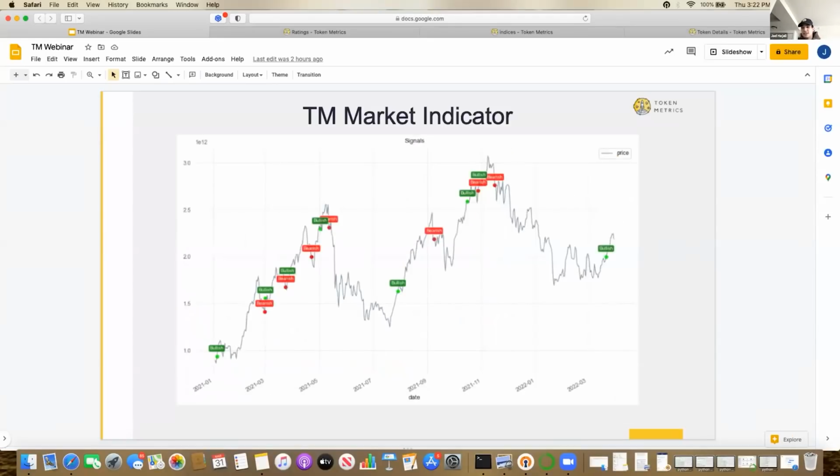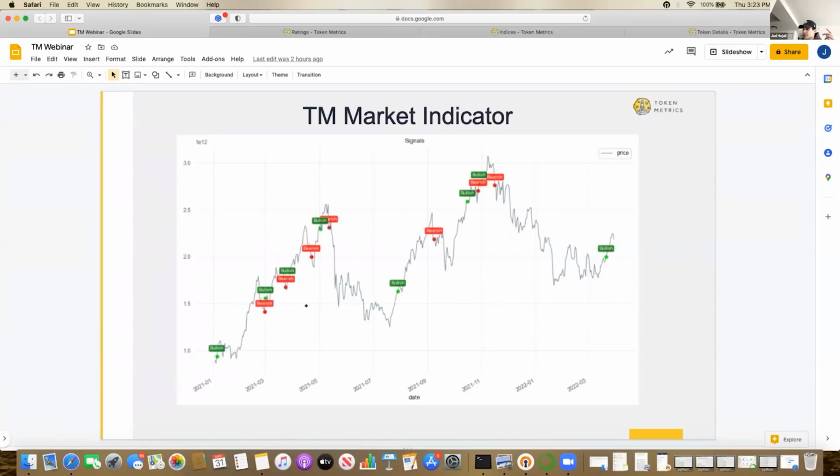And last but not least, since our TM grades have been working extremely well, we developed a market indicator, an indicator based on the TM grades for the entire market as a whole. This chart shows the total crypto market cap, where we apply our TM grade signals.